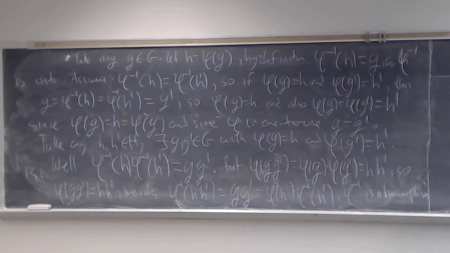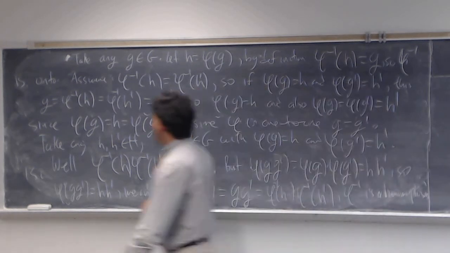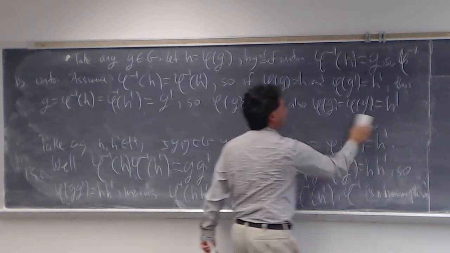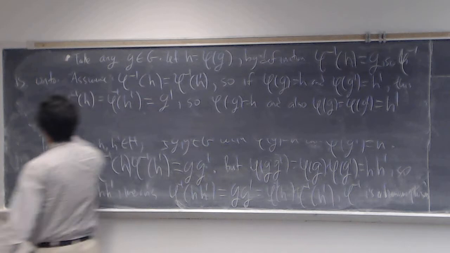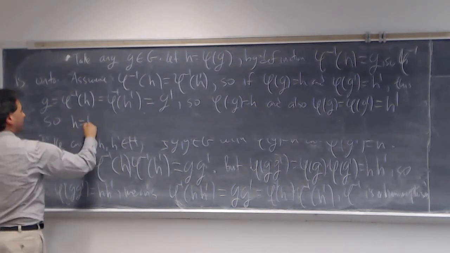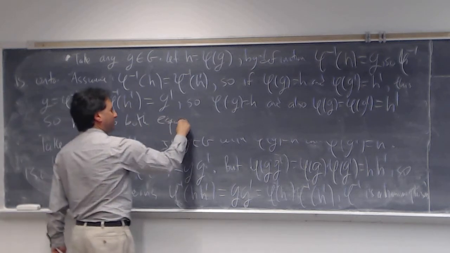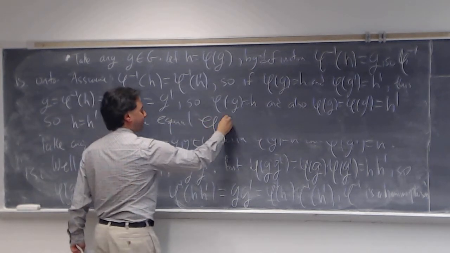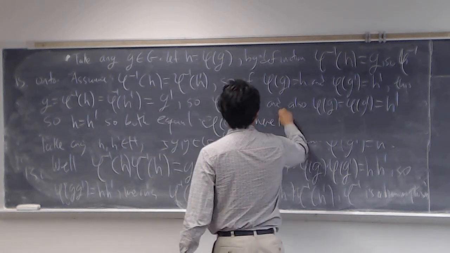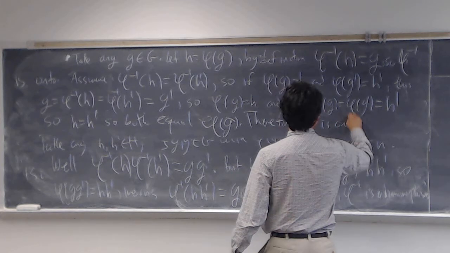But now phi is a well-defined function, right? So if we stick G in, what comes out has to be the same, right? So H has to equal H prime since both equal phi of G. Therefore, phi inverse is 1 to 1.